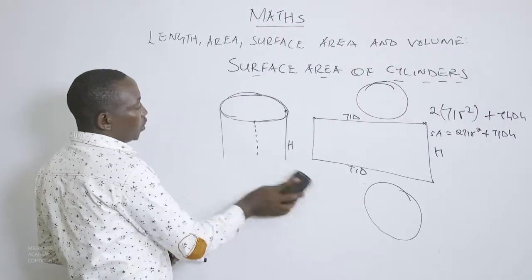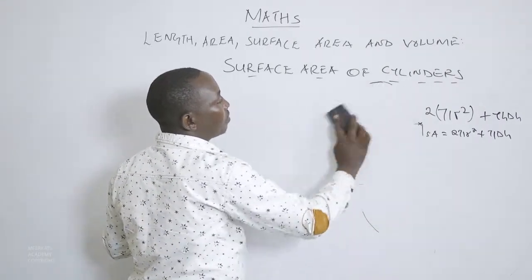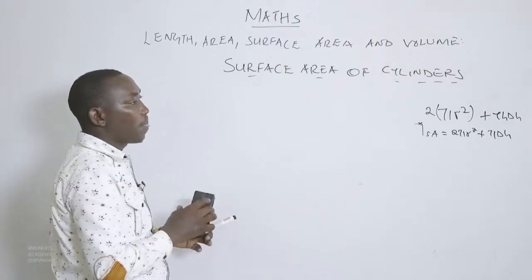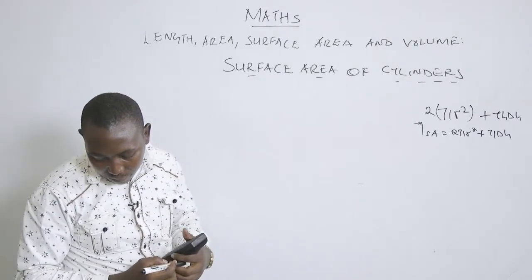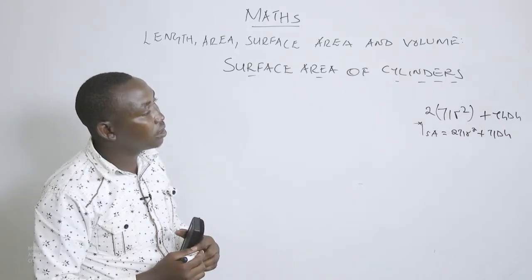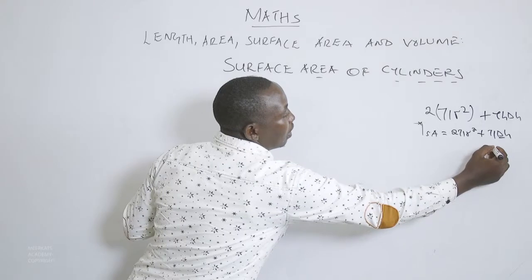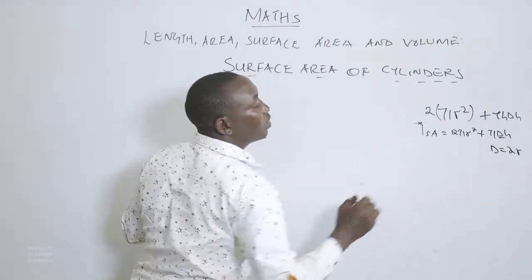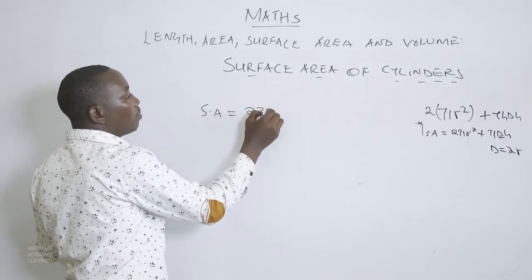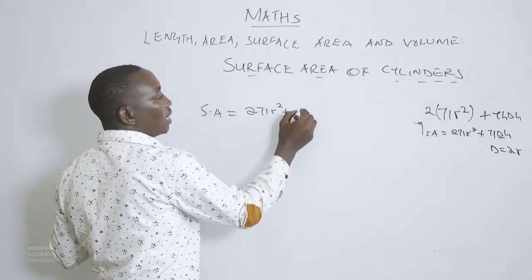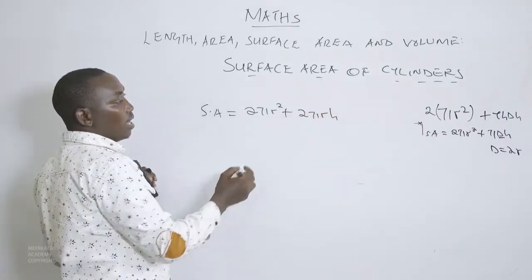We can be able to shorten that particular formula, since pi is common. This d can also be given by 2r. So the surface area shall be given by 2 pi r squared plus 2 pi r h.